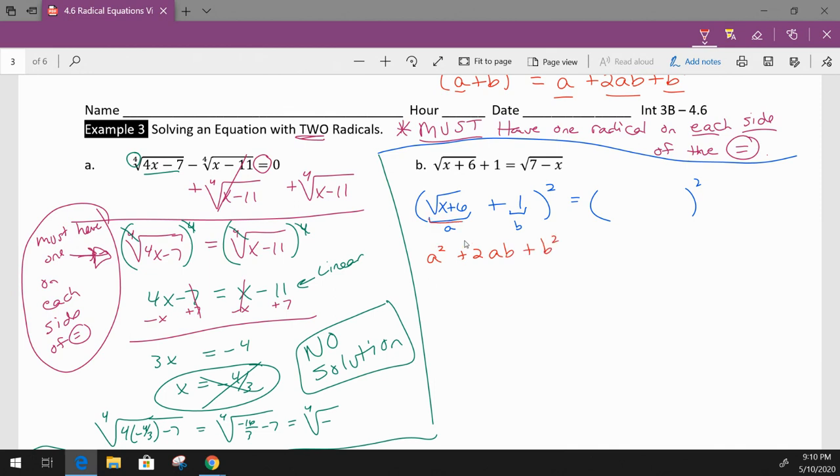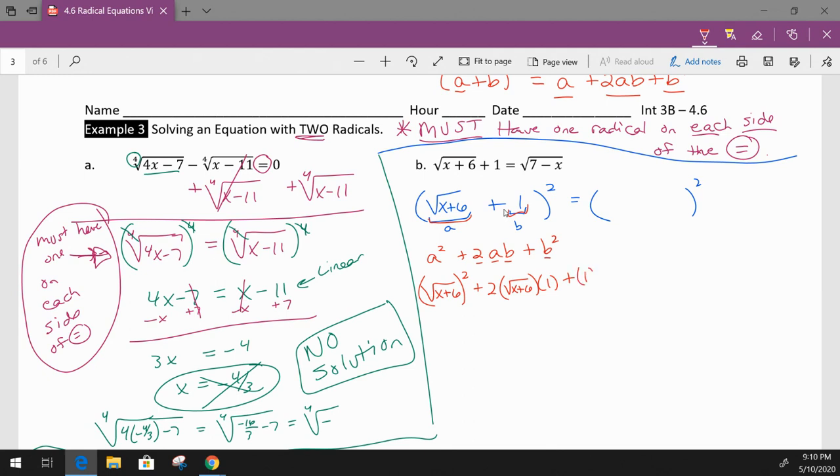So a is being represented by this square root. So if I take the square root of x plus 6 and square it, then 2 times a, which again is the square root of x plus 6. But then you have to multiply that times b as well. So that's 1. And then plus b squared.